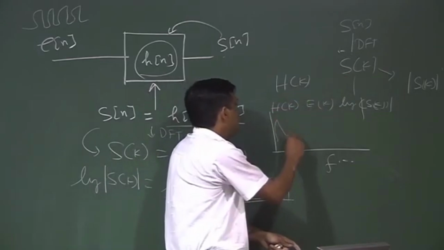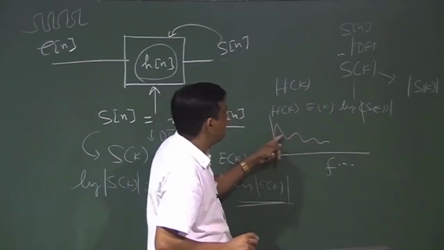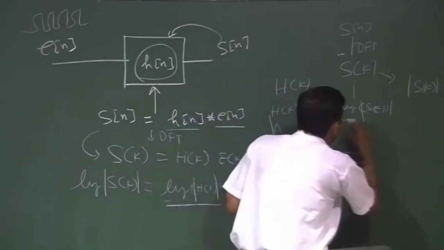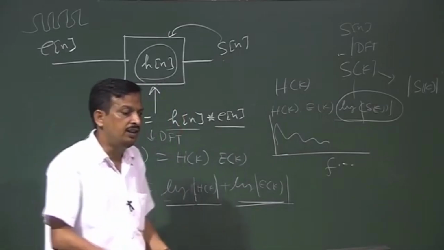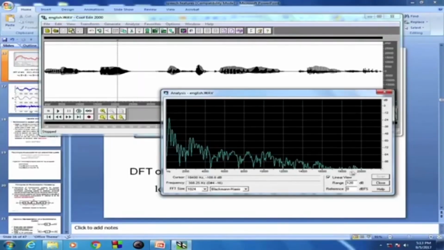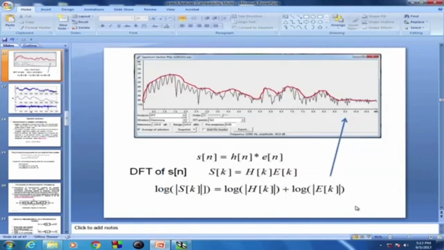So, I get this kind of linear response. Now, instead of plotting this, if I plot the log of this with frequency, I get this one.